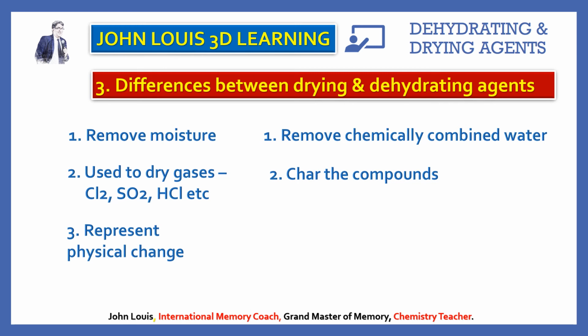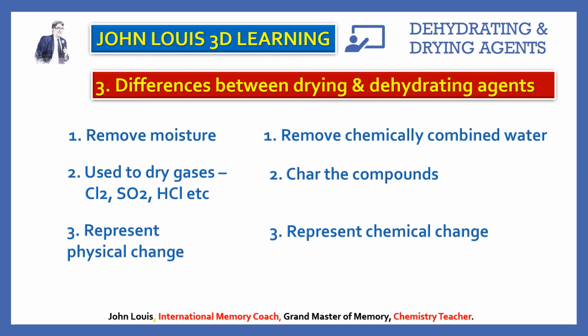But when you use a dehydrating agent, what happens? Chemical changes take place because it chars the entire compound. That means chemically combined water molecules are completely removed, thereby it brings about chemical changes. Therefore it represents chemical change. Is it clear? So what are the differences between drying agent and dehydrating agent?